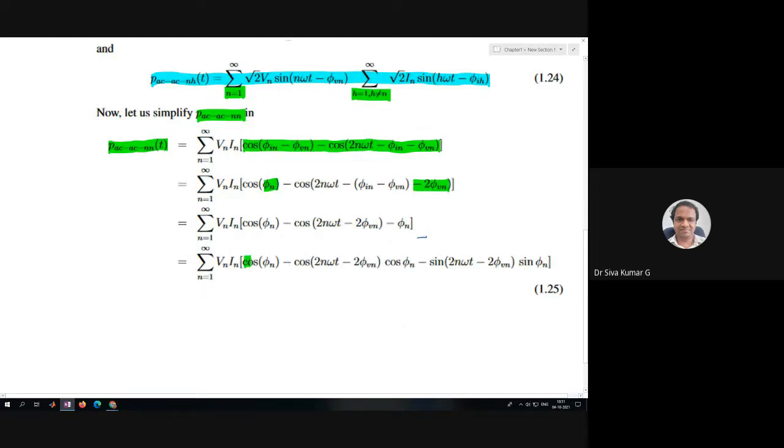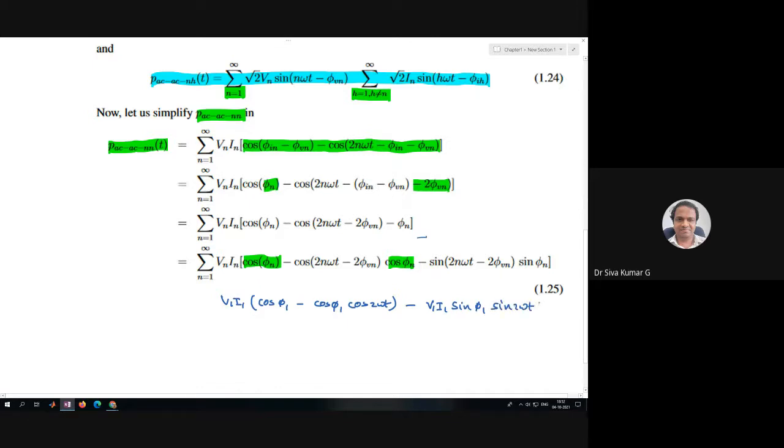We can take this common from these two terms and make the equation in a separate way: V1 I1 of cos phi n, something minus cos phi 1 cos 2 omega t, minus Va sine phi 1 and then sine 2 omega t.